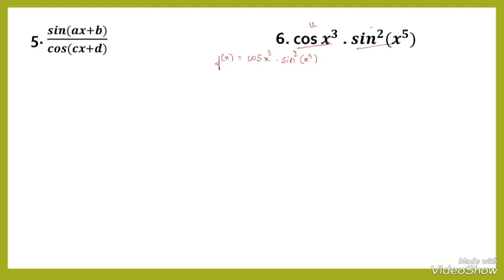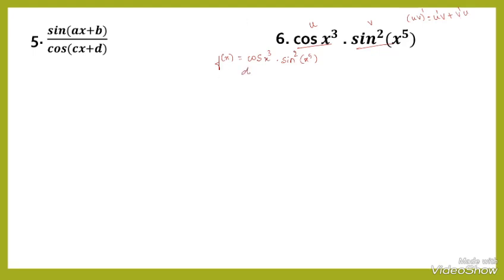We know the product rule: the differentiation of u into v is equal to, first differentiate the first function and keep the second function constant, plus, because there is a multiplication, then take the second function's differentiation and keep the first function constant. This is the formula for the product.